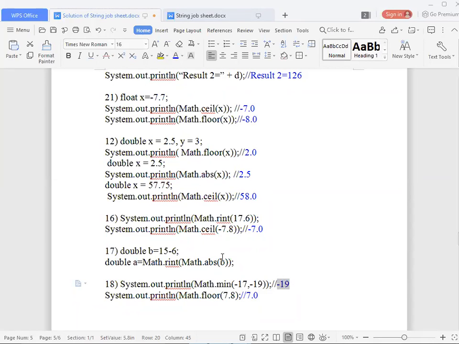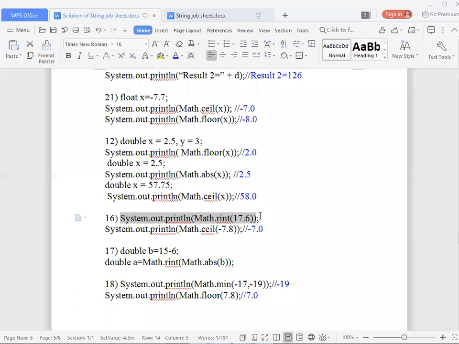rint. rint of 17.6. So the nearest integer, because after 0.5, 0.6 is there. So it will be 18.0. Okay. And if you are working here, which one? rint of ABS.